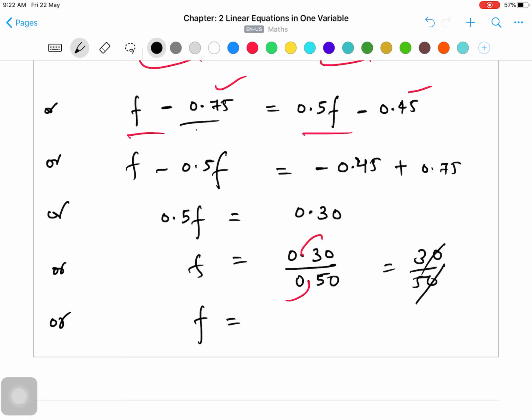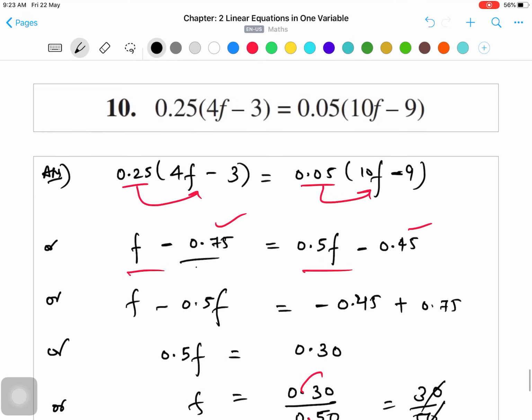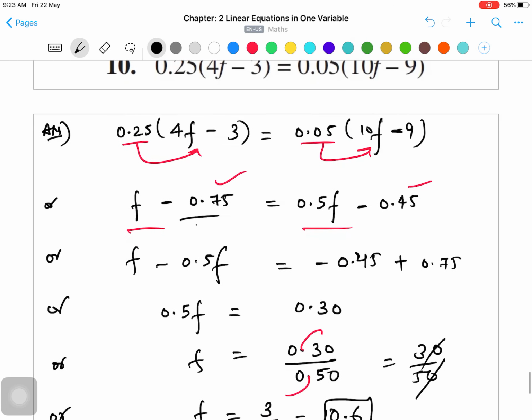So the zeros will be cancelled out, and the answer is 3 by 5, and 3 by 5 in decimal is equal to 0.6. So the answer of f is equal to either 3 by 5 or 0.6. That's the solution of question number 10.